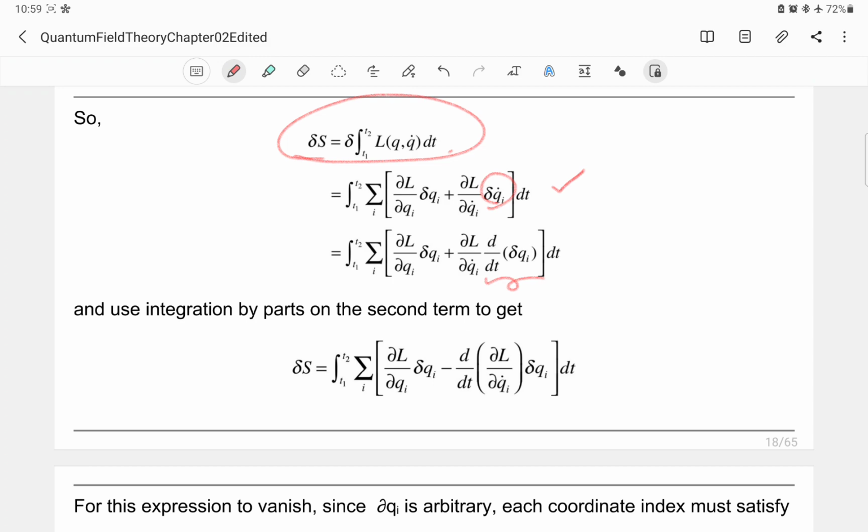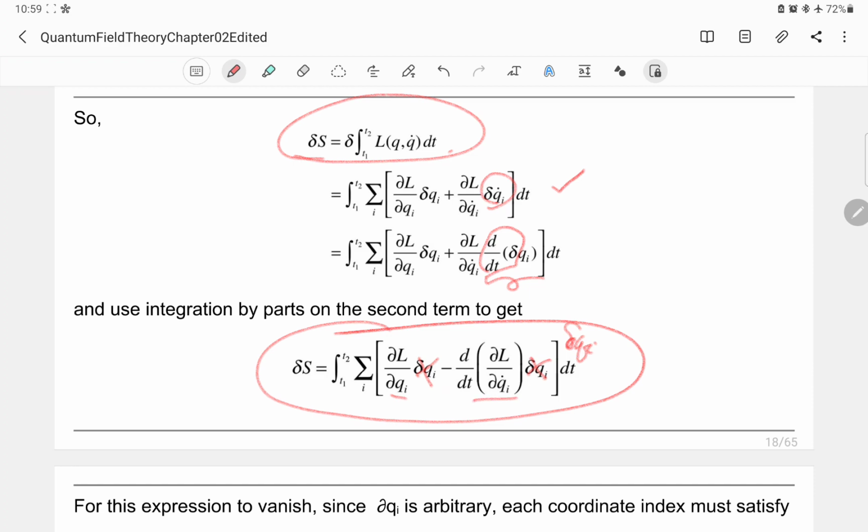What we have to do is eliminate this double derivative here, so that our integral would have to be looking like this. So if we factor out delta qi and write it outside, this is just the Euler-Lagrange equation.